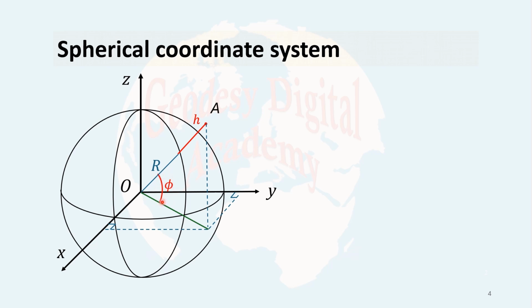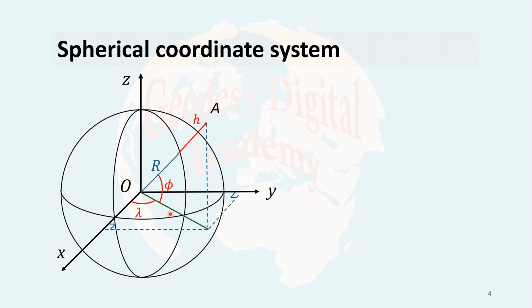It's the angle from the x, o, y plane to this direction of point A from the origin. And also this angle lambda, which is the longitude, the angle between the x-axis and this projected direction here, which I show by lambda.